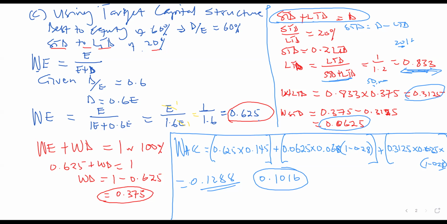Yes, even if you multiply 0.625 by 0.145, you will get more than 0.02. So check your computation. The first one is 0.625 times 0.145.